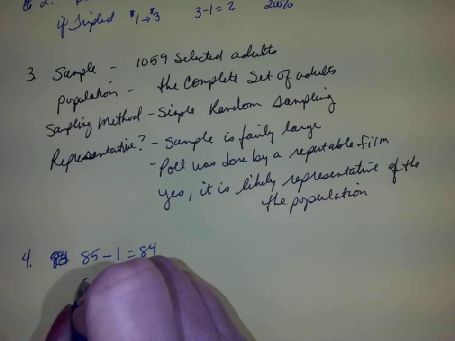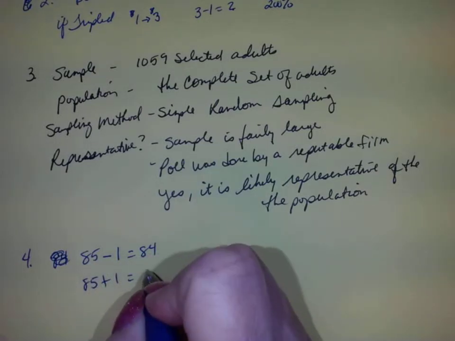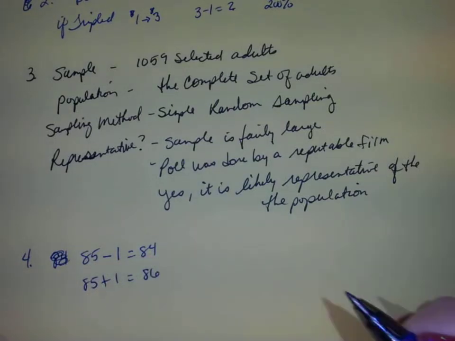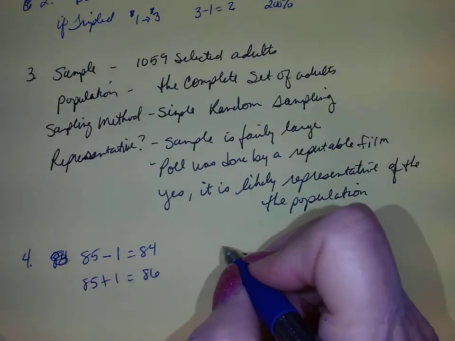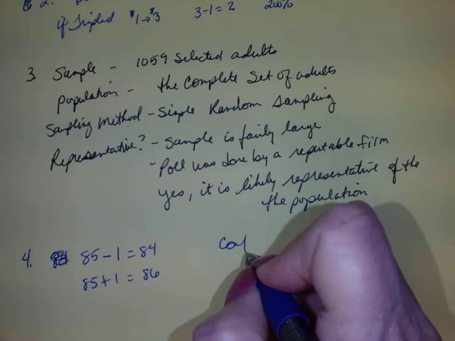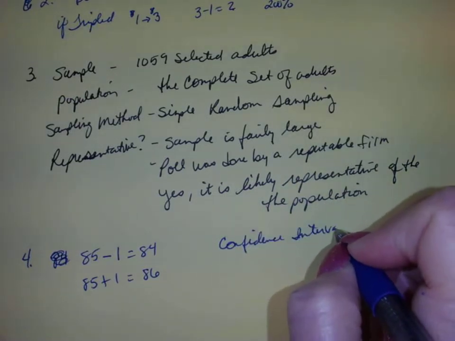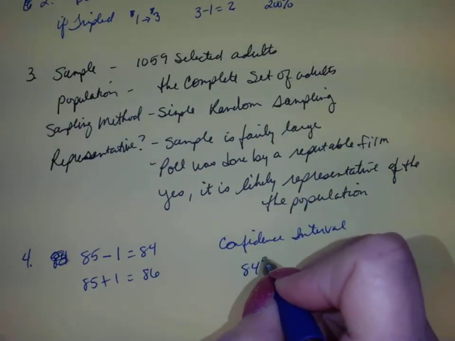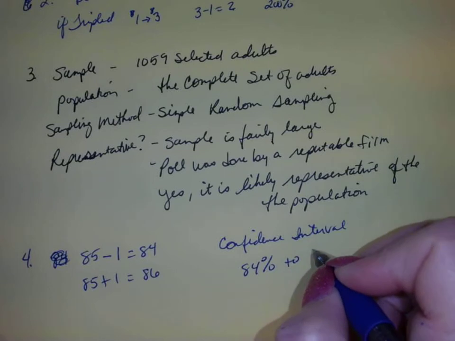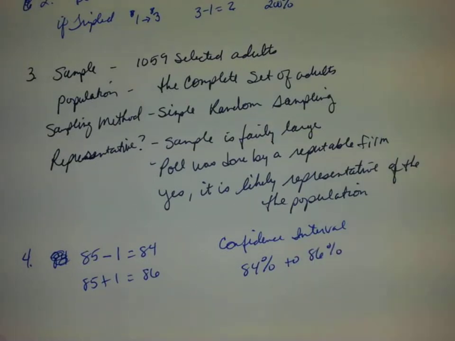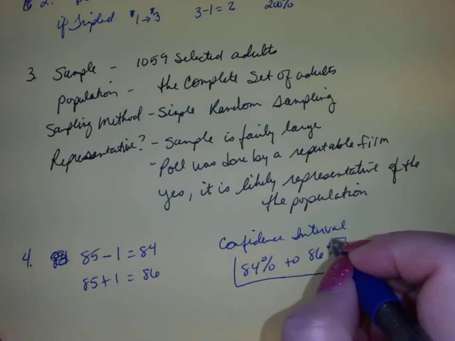And we're also going to take 85 and add 1 and get 86. So our confidence interval is from 84% to 86%. That will be our confidence interval.